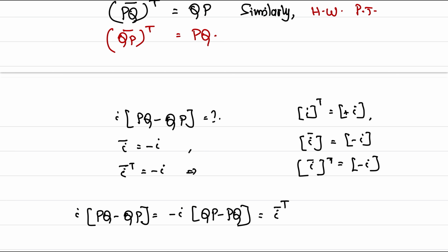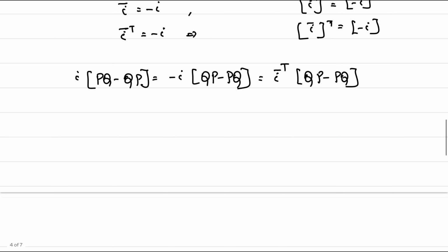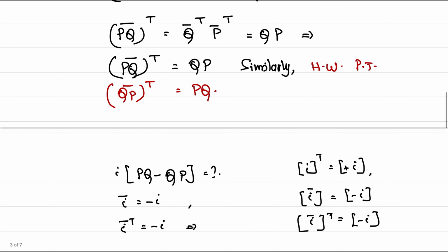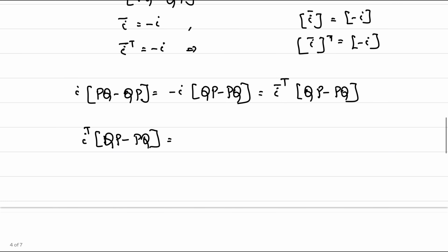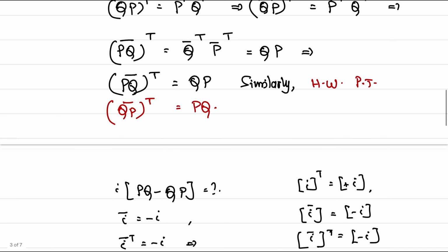Please see this. Now, I transpose into QP minus PQ is nothing but what? QP is PQ conjugate transpose, minus what is PQ?